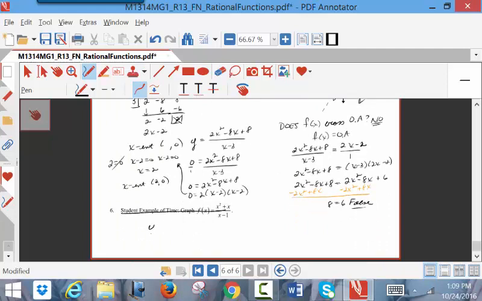Okay, so I can do the y-intercept. The y-intercept occurs when the x value is 0, even though I've already graphed this thing. So this would be y equaling 2 times 0 squared, which is 0, minus 8 times 0, which is 0, plus 8, over 0 minus 3. So it's a negative 8/3.